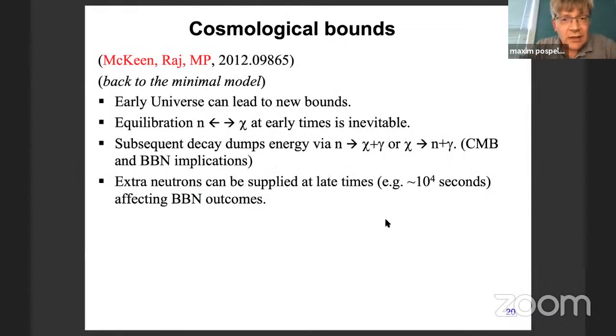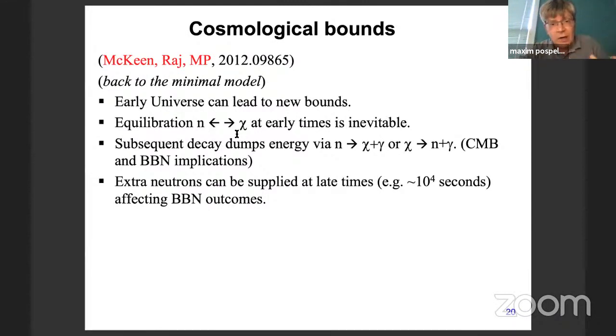Now, I'd like to discuss cosmological bounds. The point here is that the early universe will lead to new bounds on this portal. The neutron and chi can interconvert, and because it's a high dimensional operator, this interconversion is shifted towards higher temperatures, higher energies, and it occurs much faster there.